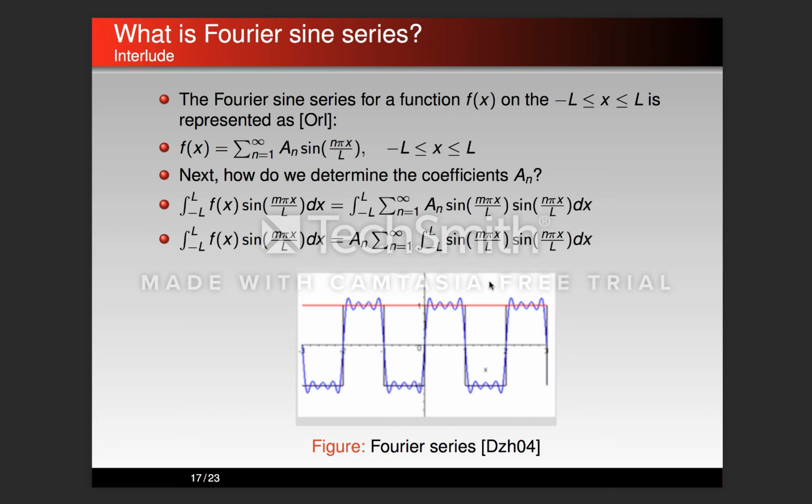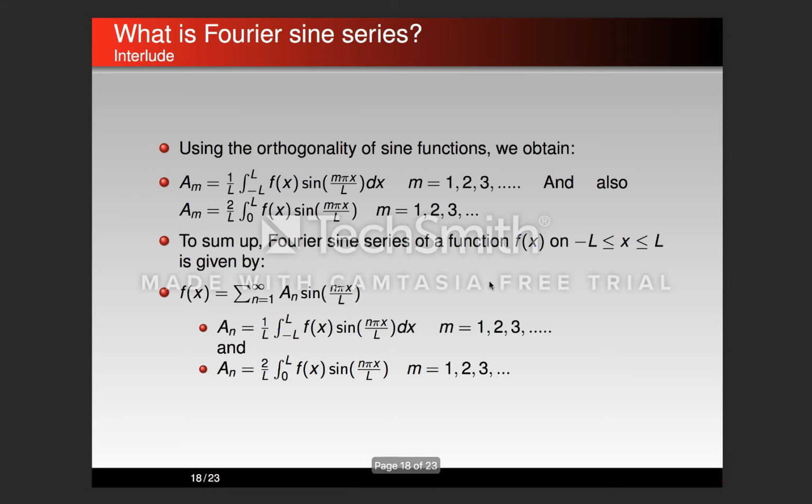Now we apply the orthogonality property of the sine, where we get a_m, the coefficient, equals 1/L times the integral over the interval from -L to L of f(x) sin(nπx/L), and the constant coefficient a_m is also equal to 2/L times the integral from 0 to L of f(x) sin(nπx/L), for m going from 1 to infinity.